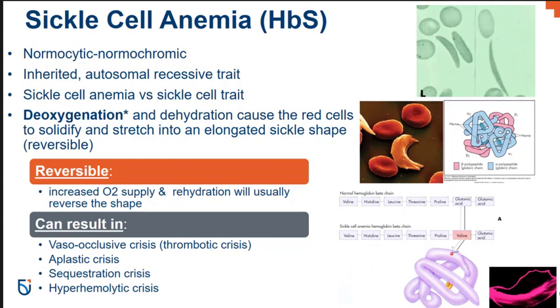And it can actually lead to a collapse of the cardiovascular system. And finally, hyperhemolytic crisis. This is just an accelerated, beyond what is normally experienced by people with sickle cell anemia, accelerated rate of red blood cell destruction.